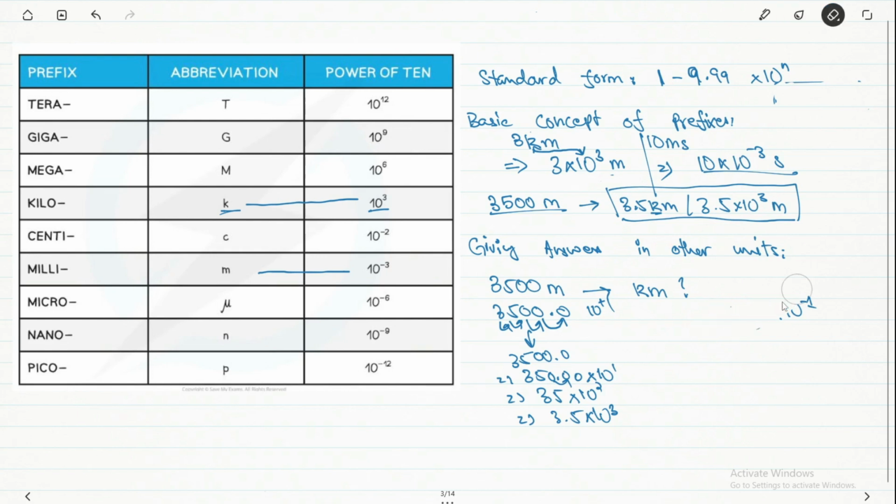Now let's do one example with a negative conversion.